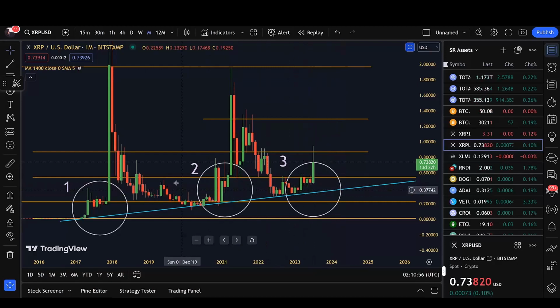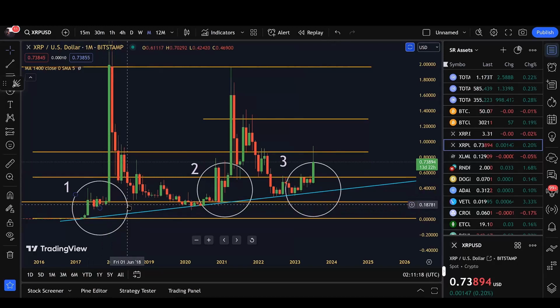Another interesting thing I looked at was if you go all the way back again to April, May of 2017, you can see we had this little pump right up. This is when we lived in the cent range, and our high was kind of that 20 cent to 30 cent area. We wicked up, came back down.